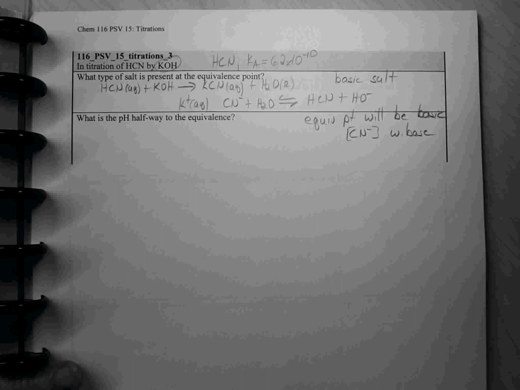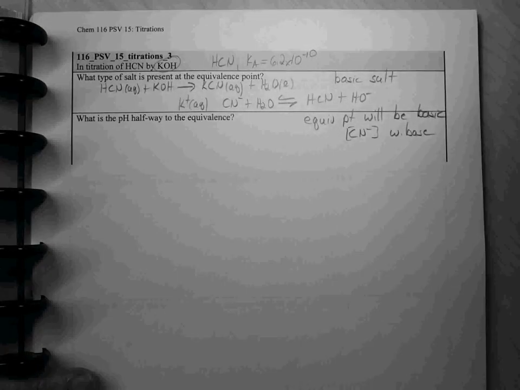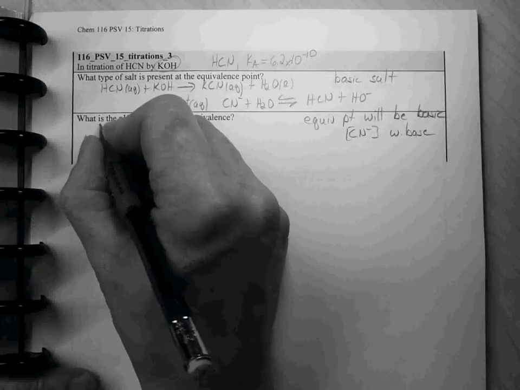Alright, the second part of the question, what is the pH halfway to equivalence? Halfway to equivalence, 1/2 of HCN has been converted to its conjugate base.